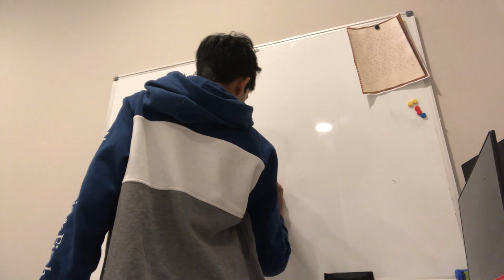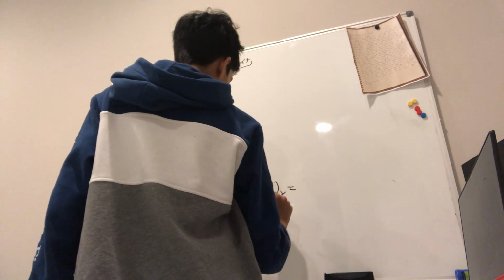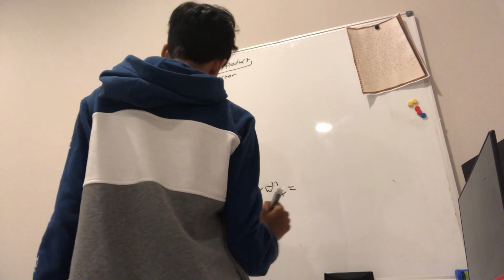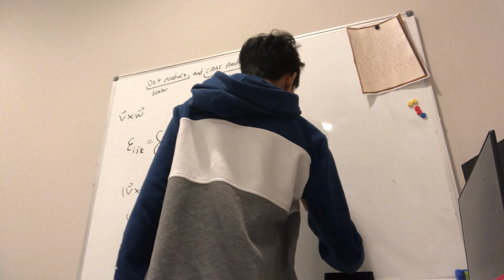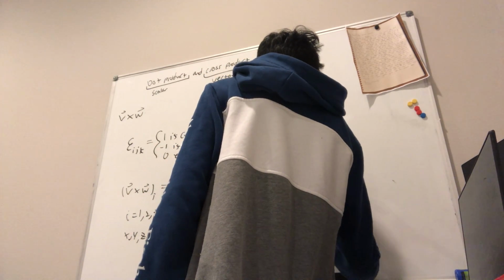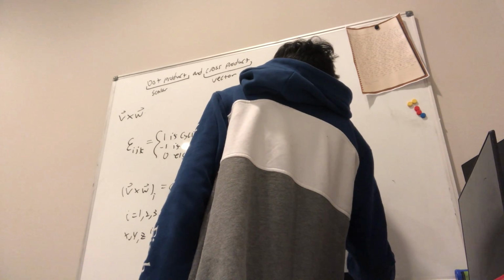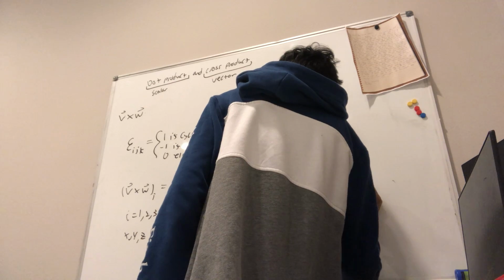(V cross W) sub X, where X is the first dimension, is equal to the sum over J and sum over K of V_J W_K epsilon_1JK.